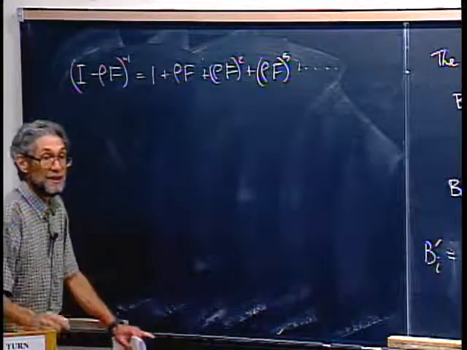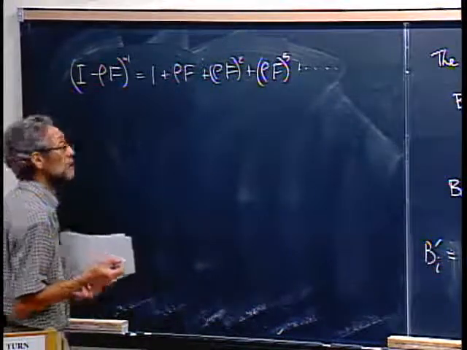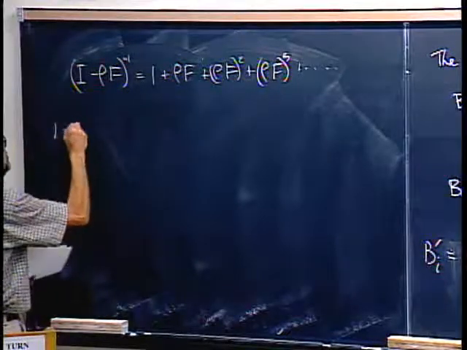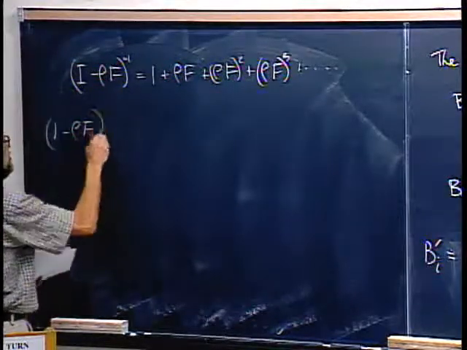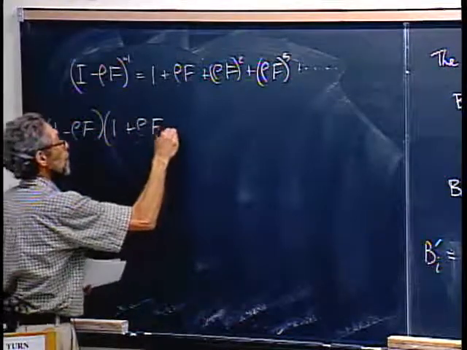And that's pretty easy to check just algebraically without worrying about the convergence, by just multiplying 1 minus rho f, 1 minus the matrix, times 1 plus this matrix.